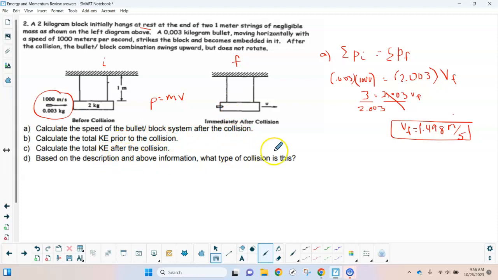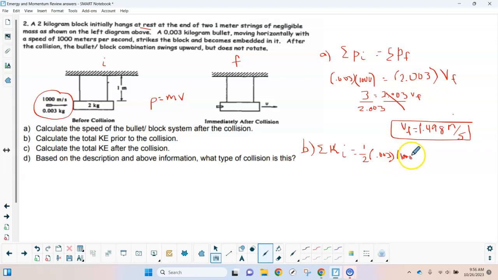Part B and C are very similar, where you're going to calculate the total kinetic energy. So add up all the kinetic energies. So sigma again, K for kinetic energy, or KE, it doesn't matter which, before. And before it's just the bullet. So it'd be 1/2 the bullet's mass, which is the 0.003, and then the velocity of the bullet by itself is 1,000.